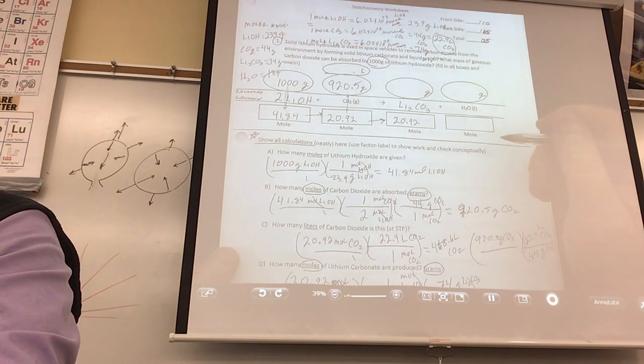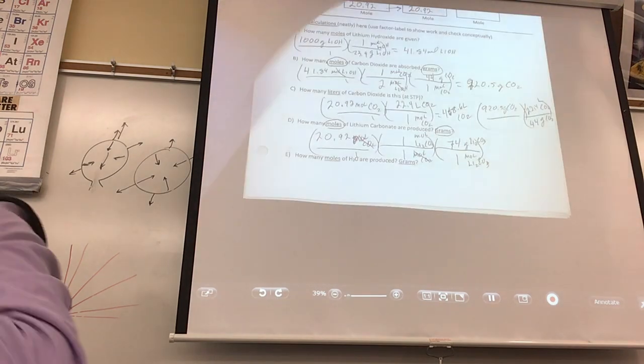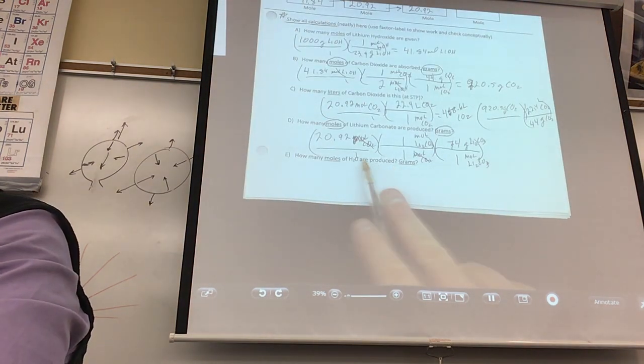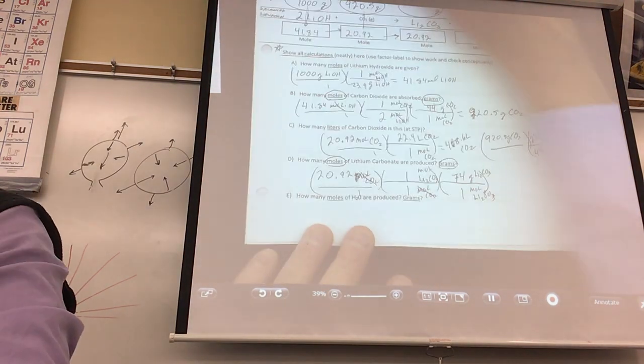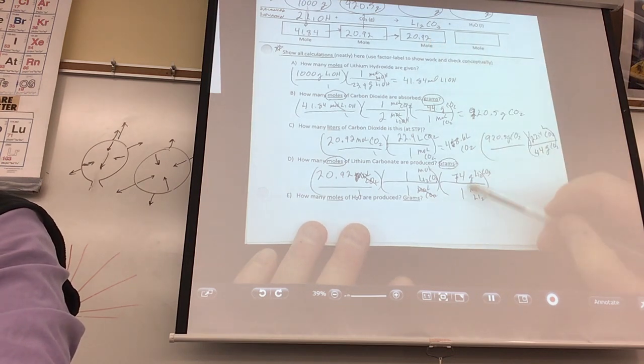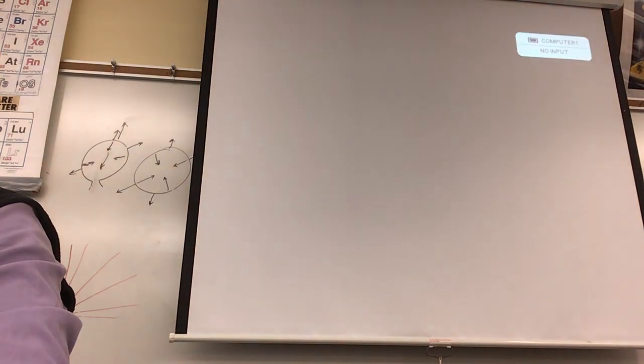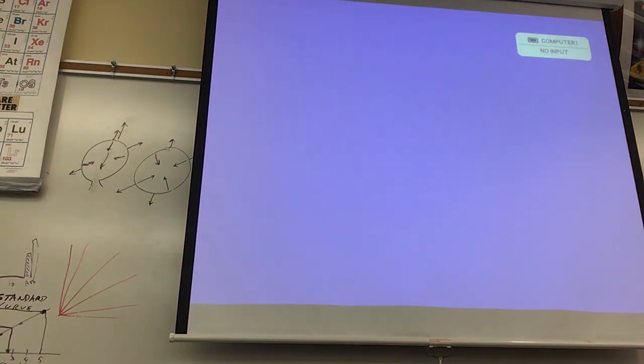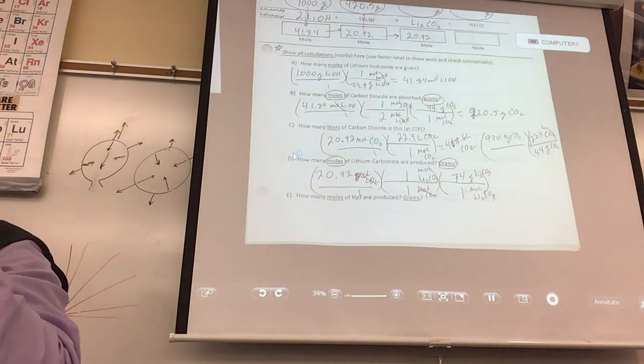Anybody got it ready already? Somebody can tell me, your calculator should still have this number in it. Should have 20.92 in it. And then you end up multiplying by 74, don't you? Isabel, what you got? Wait, one more time.